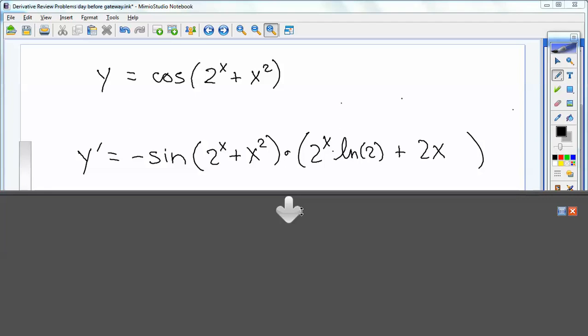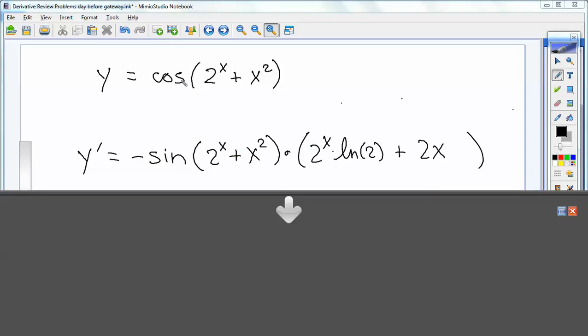Okay, here's what I got. Sometimes what people will do wrong here is that ln2, they'll stick it on later, like outside here or something.